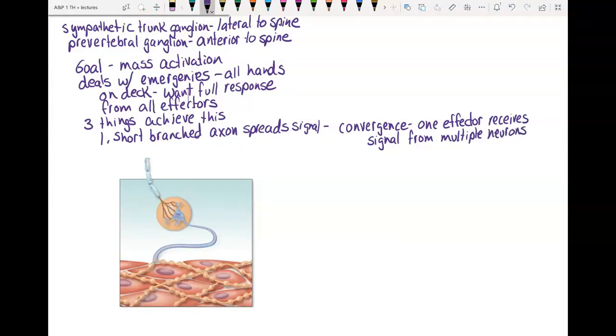So because all of these neurons are branching, you don't just have one neuron sending the signal to the effector. You end up with this repetitiveness of multiple neurons going to that effector. You also get divergence, which is where one neuron can branch to multiple effectors.